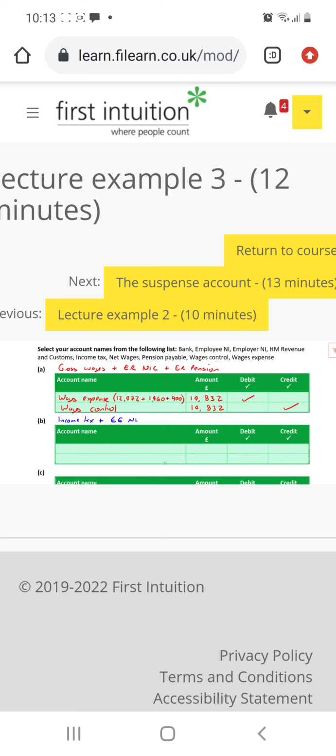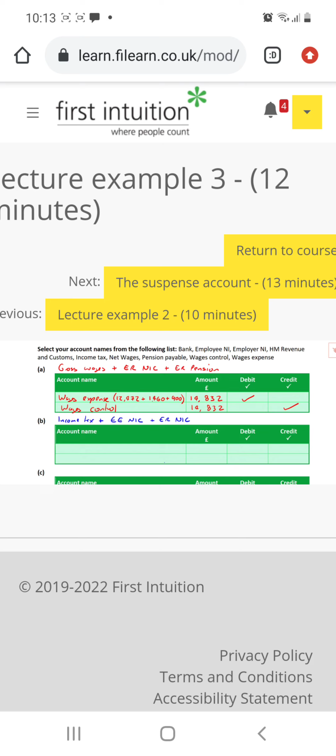Any employee national insurance contributions, again, we've deducted from somebody's pay, which is why the net pay is lower, so we've taken it off the staff member. So again, we now need to hand that over to Revenue and Customs, so we need to add the employee bit on. But then also the employer part. So in terms of national insurance, yes, there's the employer part as well, which we also need to hand across.